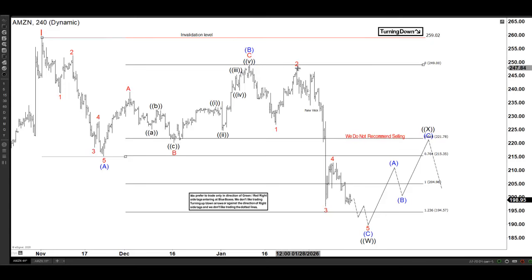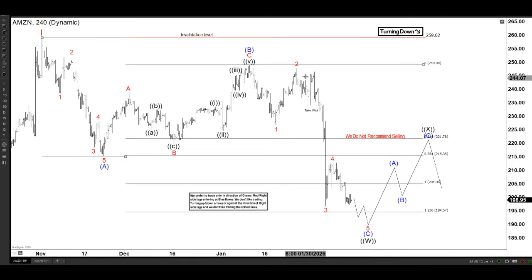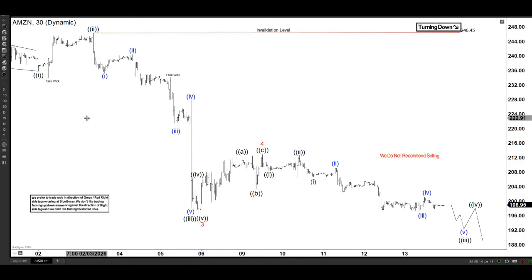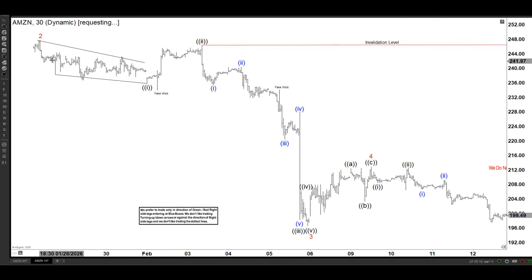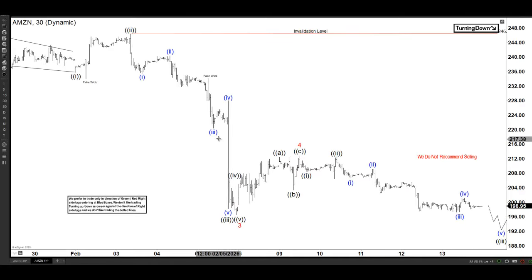Let's take a look at this decline from here. The decline from here goes like this: you're going to see the 2 in red and then the 2 in black. So this is the decline, 1, 2, 1, 2. So we got a 2 and a 2. That's a triple nest. From there, Amazon did 3, 4 in black and blue.